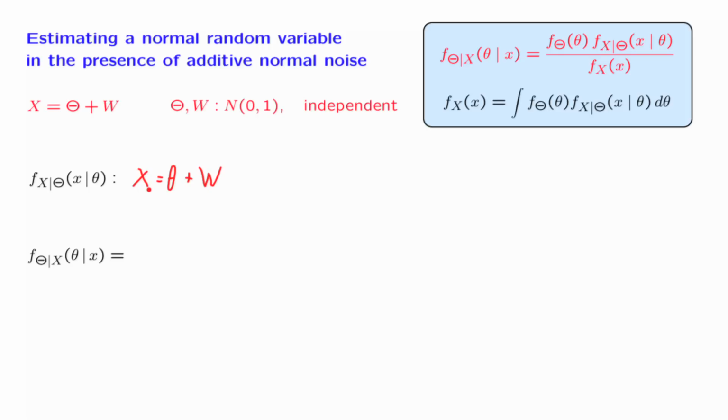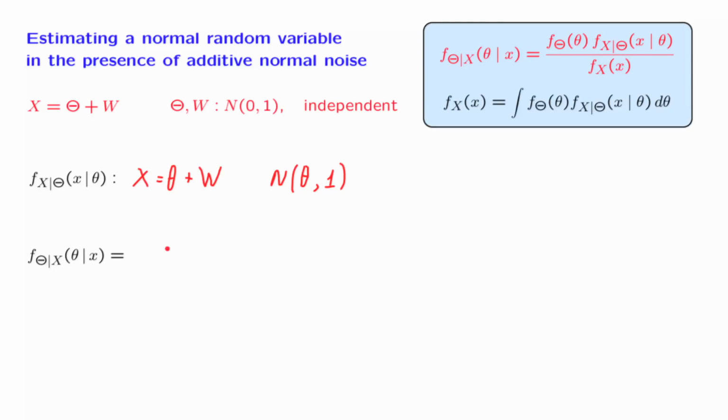So in this conditional universe, X is going to be a normal random variable with mean equal to theta and with variance equal to the variance of W, which is equal to 1. So now we know what this distribution is and we can move with the calculation of the posterior.